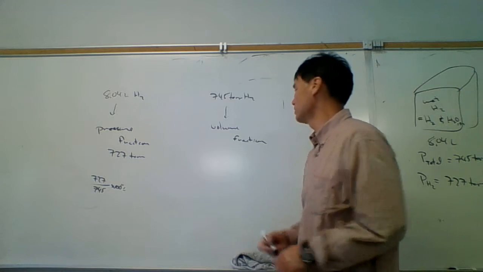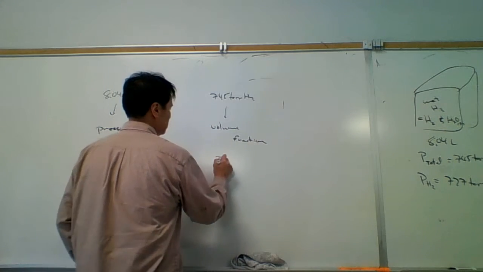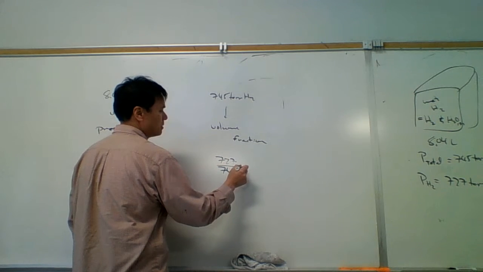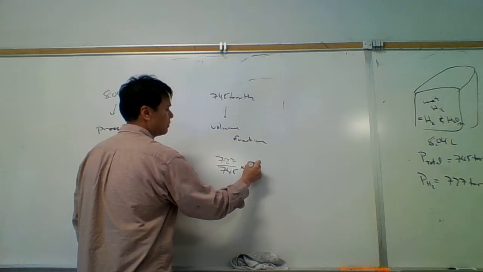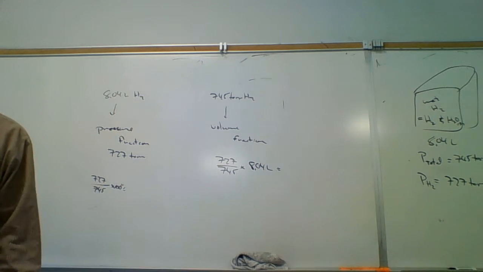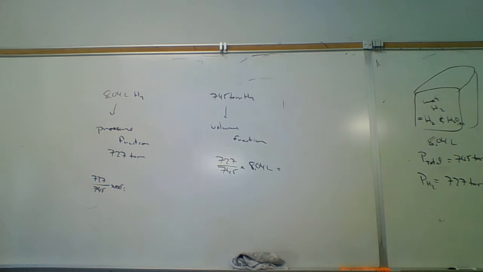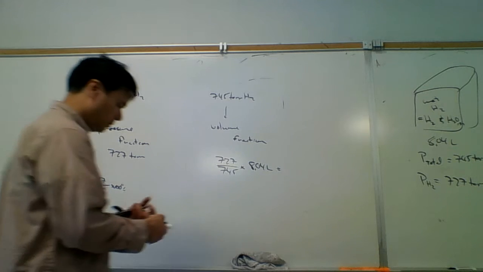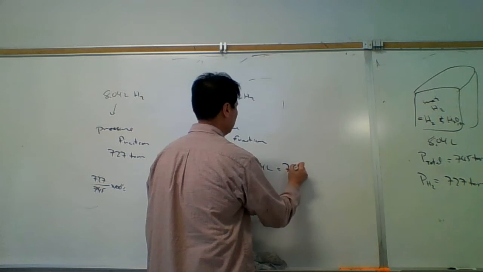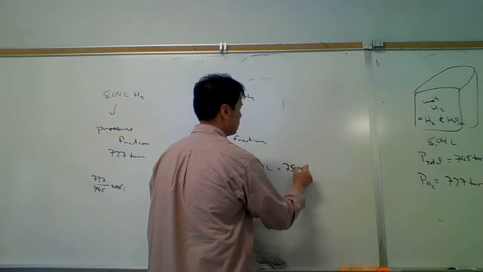The volume fraction here is just going to be 727 over 745 times the total volume. The total volume is 8.04 liters, which gives me 727 divided by 745 times 8.04, which is 7.845 liters.